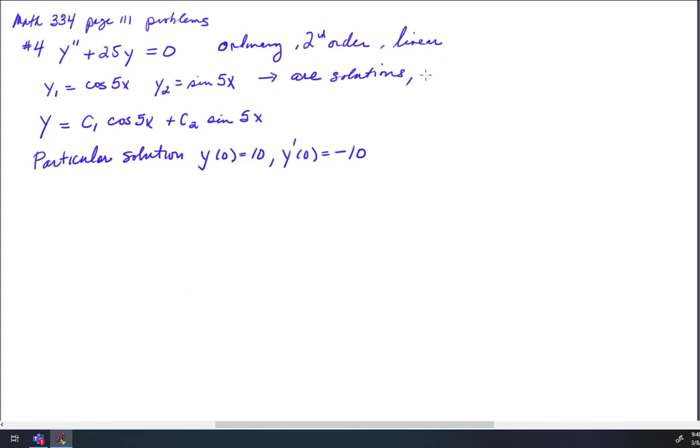So they are solutions, and I've also determined that they are linearly independent. So if they're linearly independent solutions of the homogeneous differential equation, Theorem 4 says that a linear combination of y1 and y2 will be a general solution.